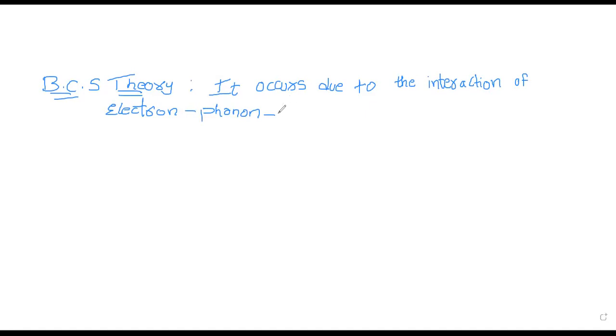So, electron, phonon, electron interaction. This is said to be a Cooper pair. This interaction of electron, phonon, and electron is said to be a Cooper pair.